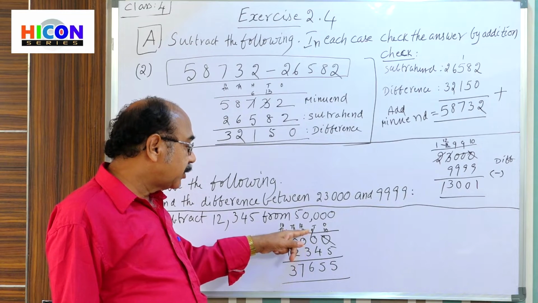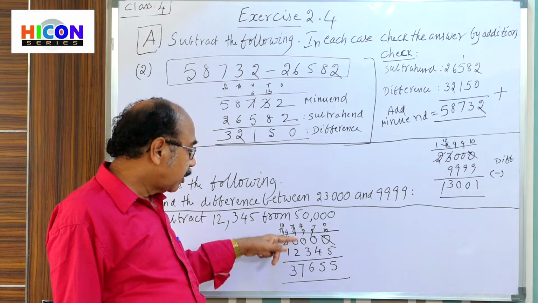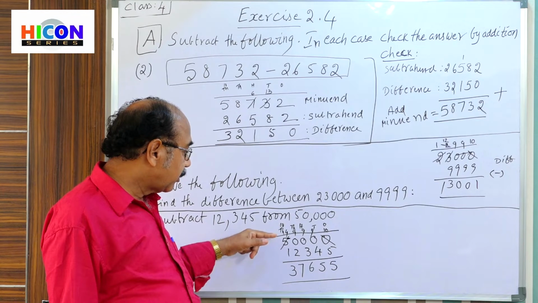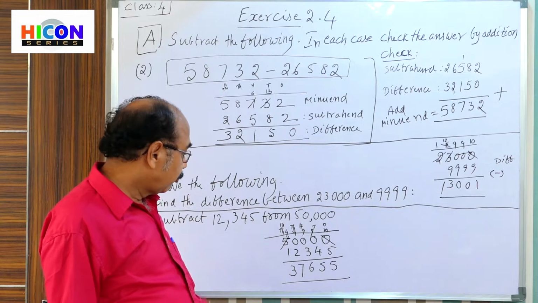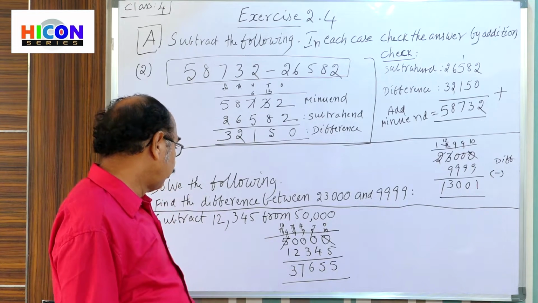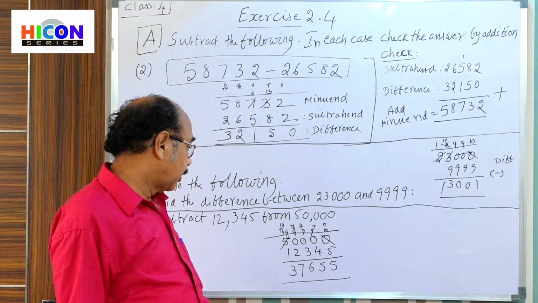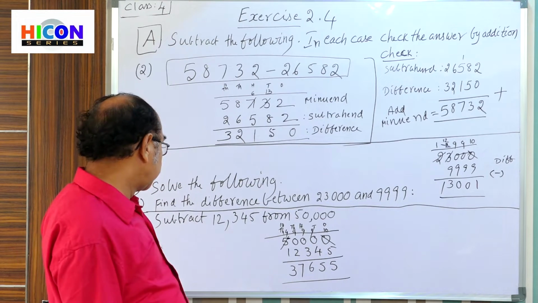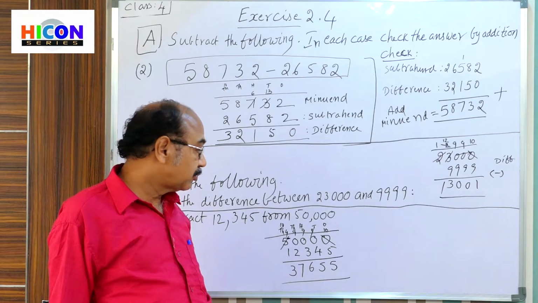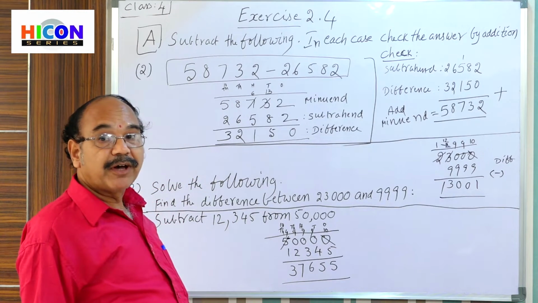Here 9 minus 4, 5. Here 9 minus 3, 6. Here 9 minus 2, 7. And here what is there? 4 is there. 4 minus 1 is 3. 37,655. That is the difference between 50,000 and 12,345.